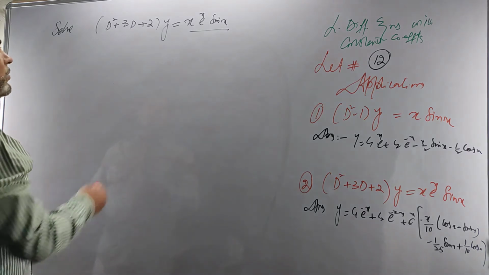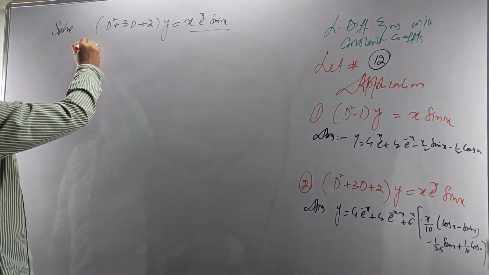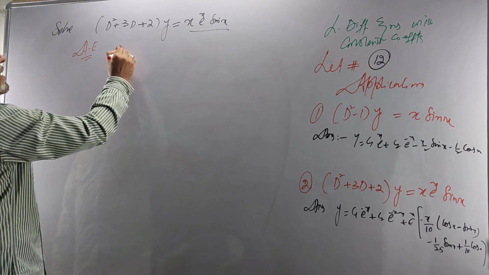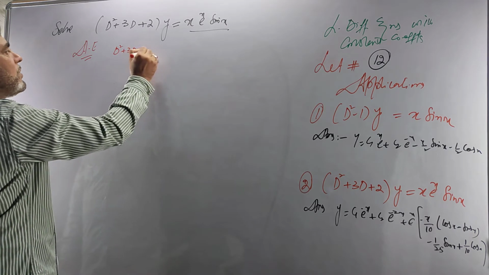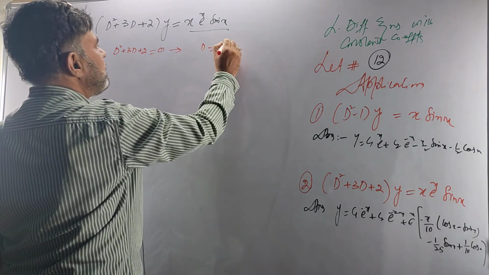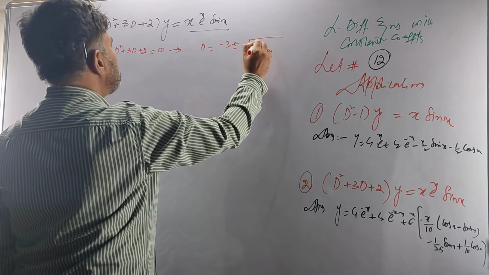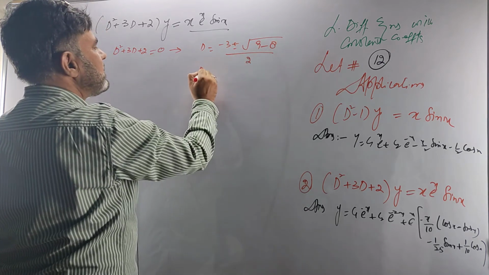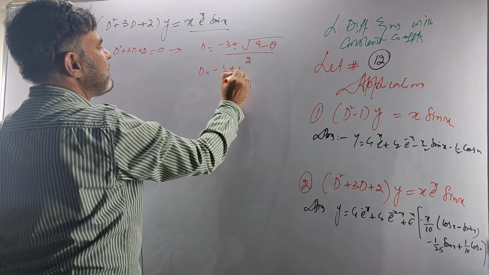How do you do it? First of all, you write the auxiliary equation. What is the auxiliary equation? It is D square plus 3D plus 2 is equal to 0. You solve it. It gives D is equal to minus 3 plus minus under root of 9 minus 8 by 2. This gives D is equal to minus 3 plus minus 1 by 2.